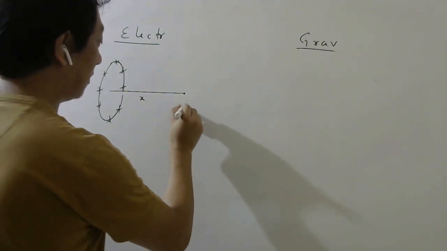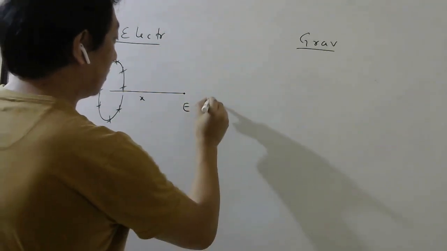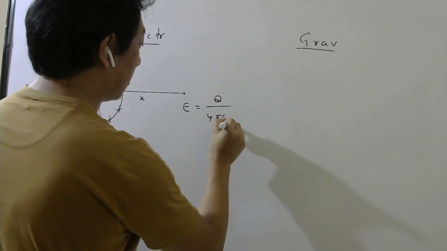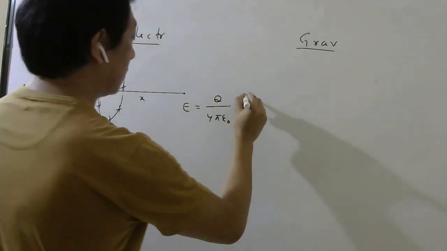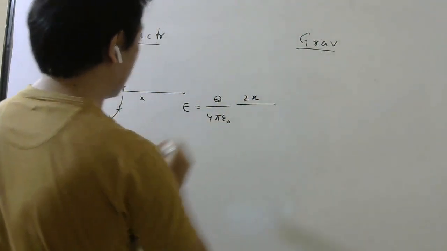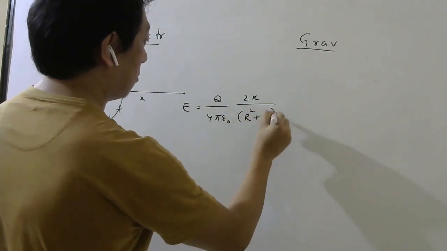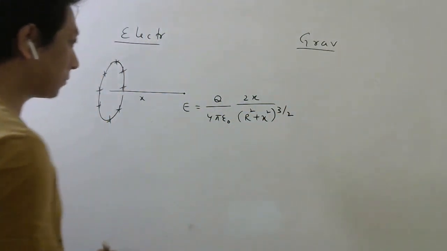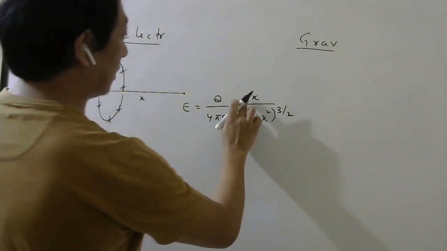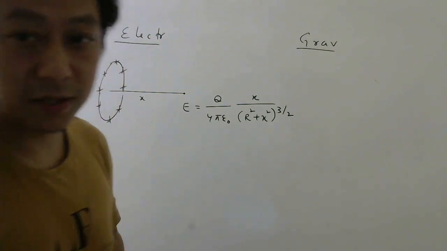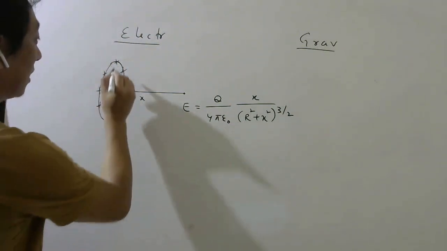The electric field, how did we find? It was Q by 4 pi epsilon naught, x divided by r square plus x square power 3 by 2. Was it 2x or just x? Maybe just x. Now suppose I don't remember this formula very clearly, then what can I do?